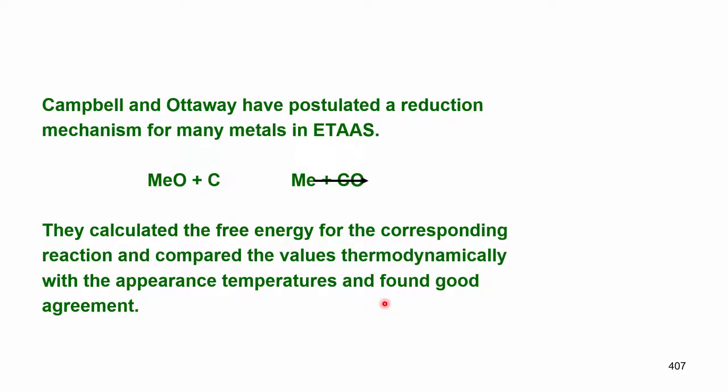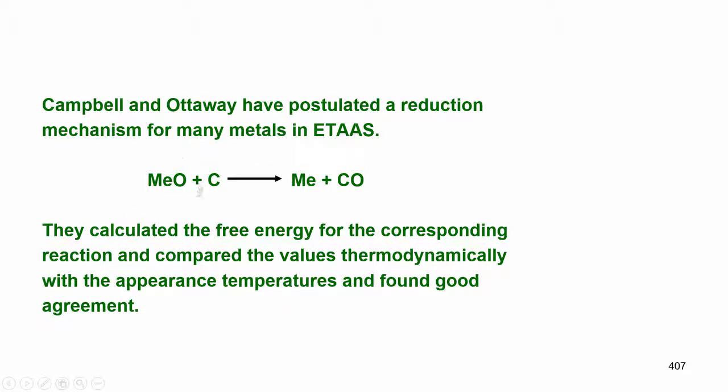That means, pre-treatment temperature should be very high and appearance temperature should be very low. So, Campbell and Ottaway have postulated a reduction mechanism for many metals in electrothermal atomic absorption.